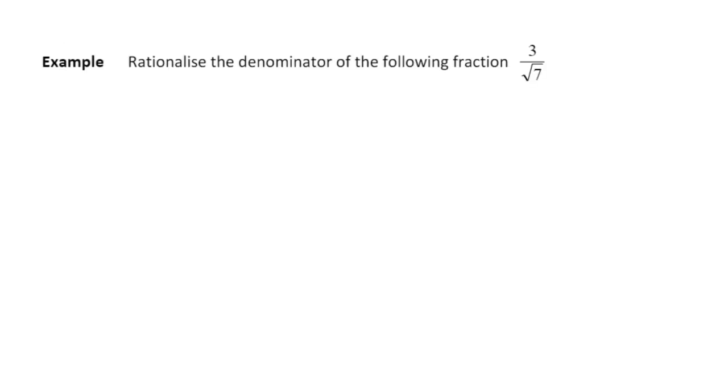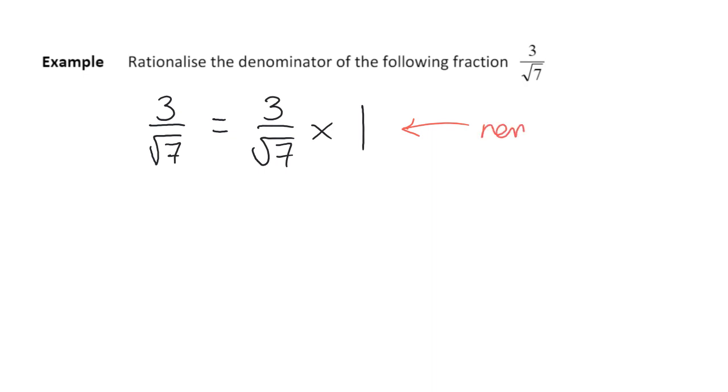As I mentioned earlier in this video, if we multiply by 1, then that doesn't change the size of the item. It will help us. So we can change 3 over root 7 to 3 over root 7 times 1. Now this is a step that in the end we will remove, but for the first example, it's very handy to have it in there.